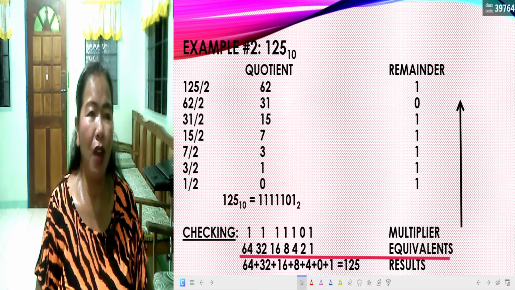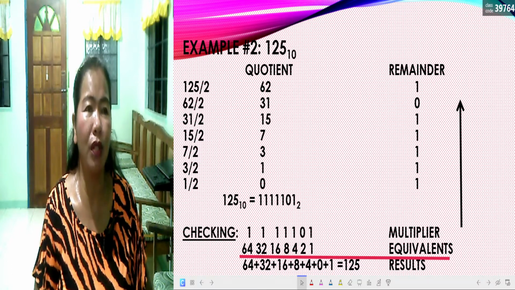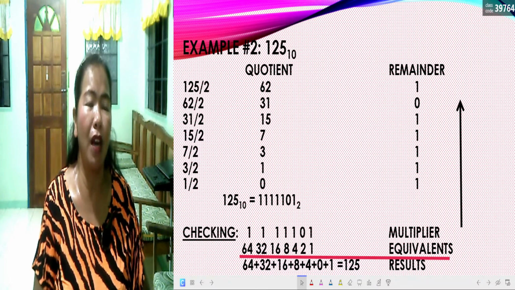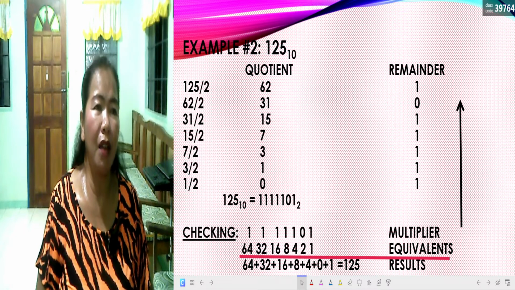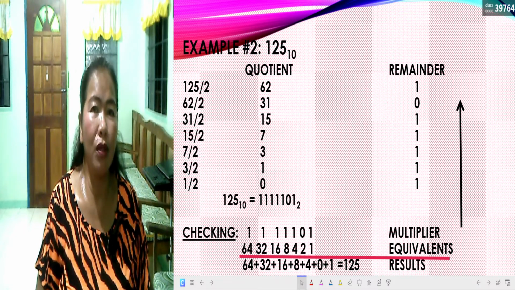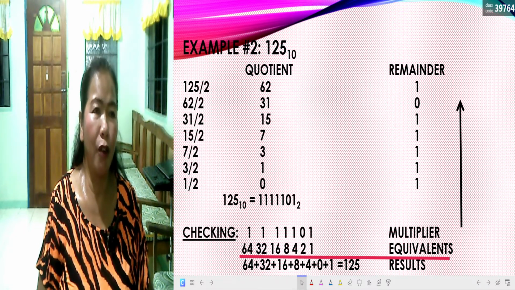So I'll repeat, if you divide an odd number by 2, the remainder is 1. And if an even number is divided by 2, the remainder becomes 0.